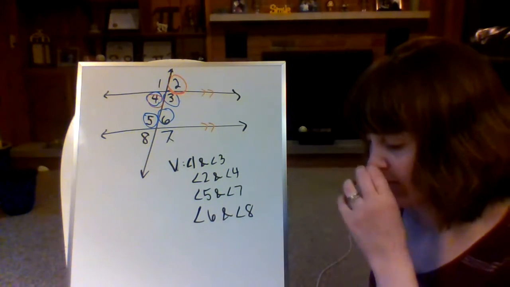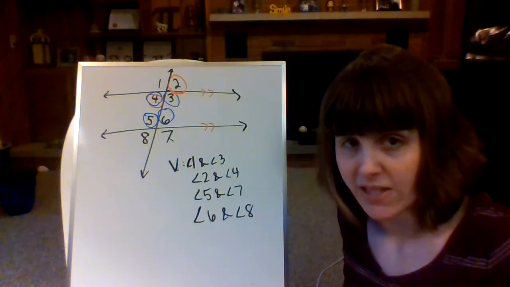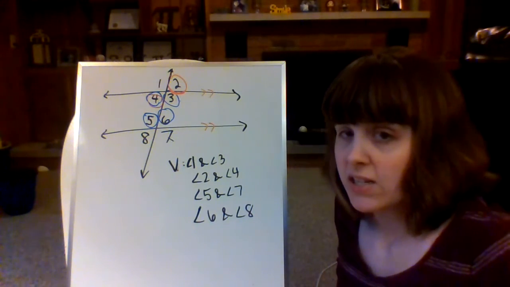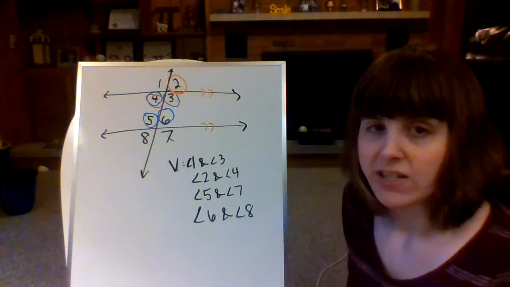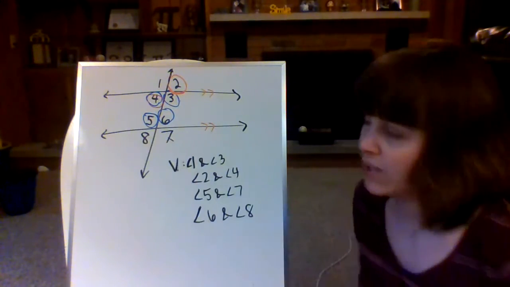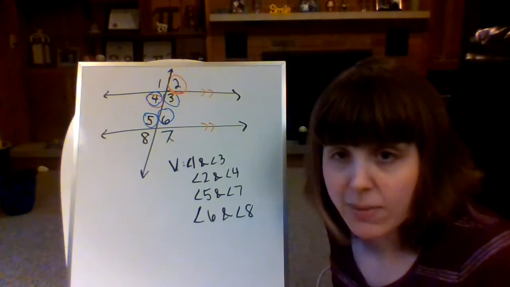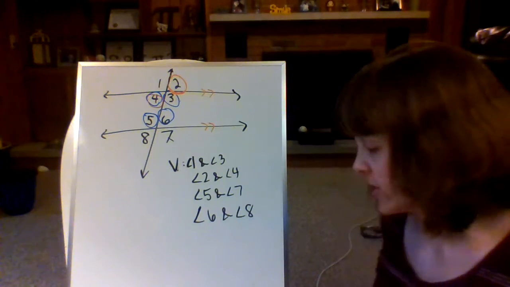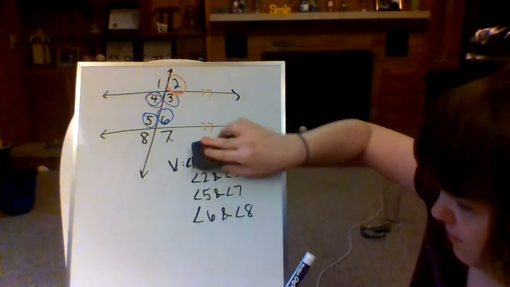Now, lastly, what I'm going to talk about is called same side interior. Same side interior means they're on the same side of the transversal and they're inside the parallel lines. They are not equal in measure. They add up to 180. So that's important that you know the difference there.